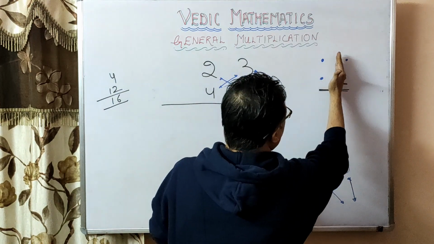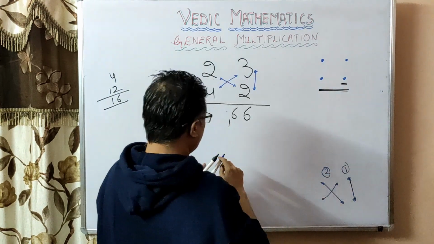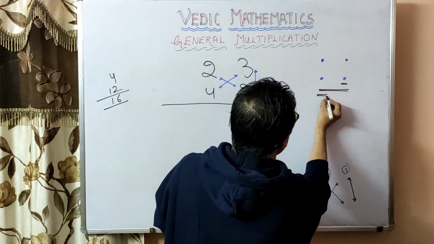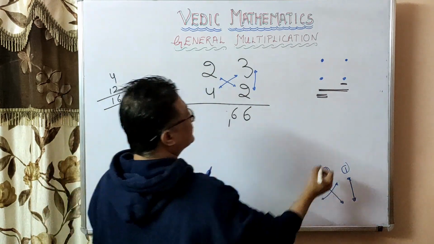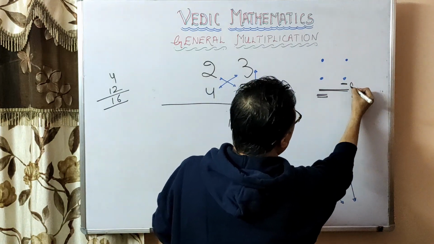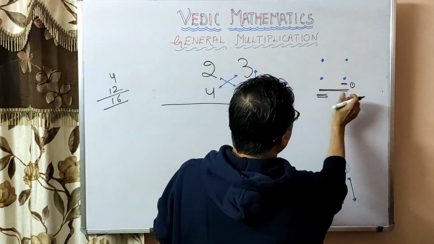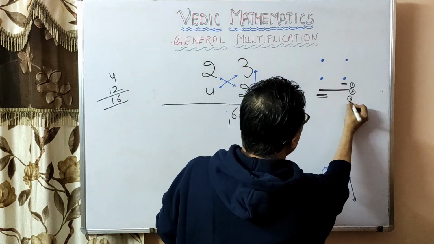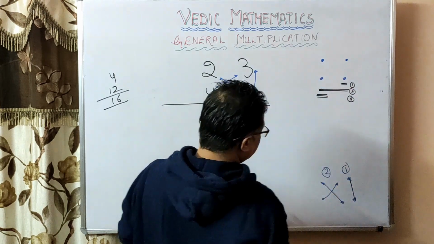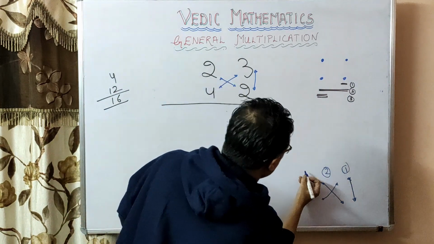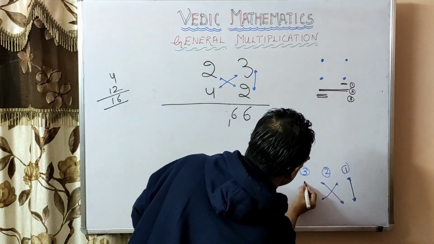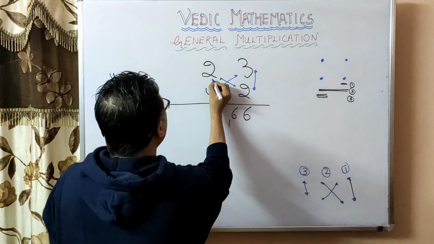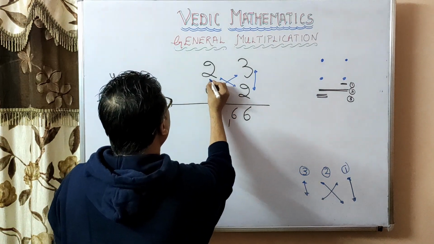Now for the third step, you have covered everything. So now you have to leave this. So now in the third step, you have to consider only this. So step 1, consider only this. Step 2, consider both. Step 3, consider only this. So what will be our step 3? Step 3 will be 2 multiplied by 4.